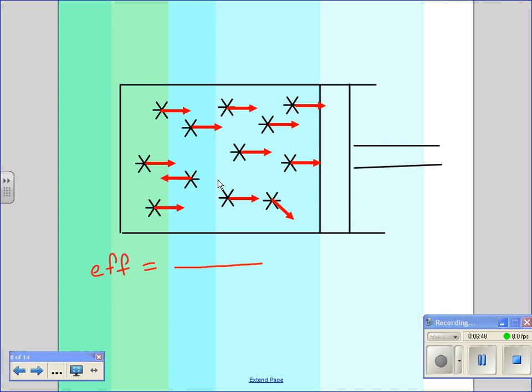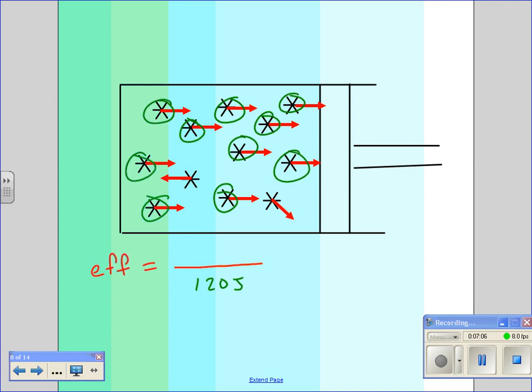Take a look at the efficiency in this case. Again, we still have 120 joules of total energy. Each one of those particles has 10 joules of kinetic energy. And when I look here, I count 1, 2, 3, 4, 5, 6, 7, 8, 9, 10 particles that are moving in the direction that are going to do useful work, that are actually going to push the piston in that direction.